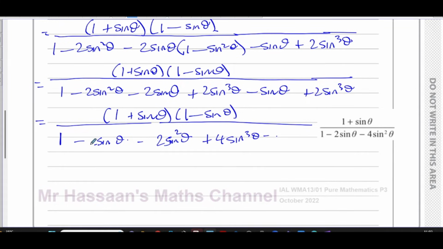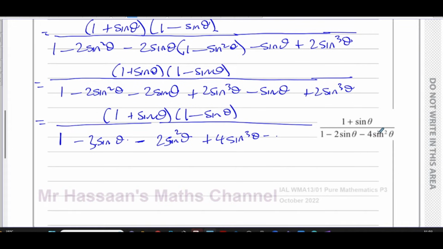That's what you have: minus 3 sine theta and minus 2 sine squared theta, and you've got plus 4 sine cubed theta. All right, so how does this become that?